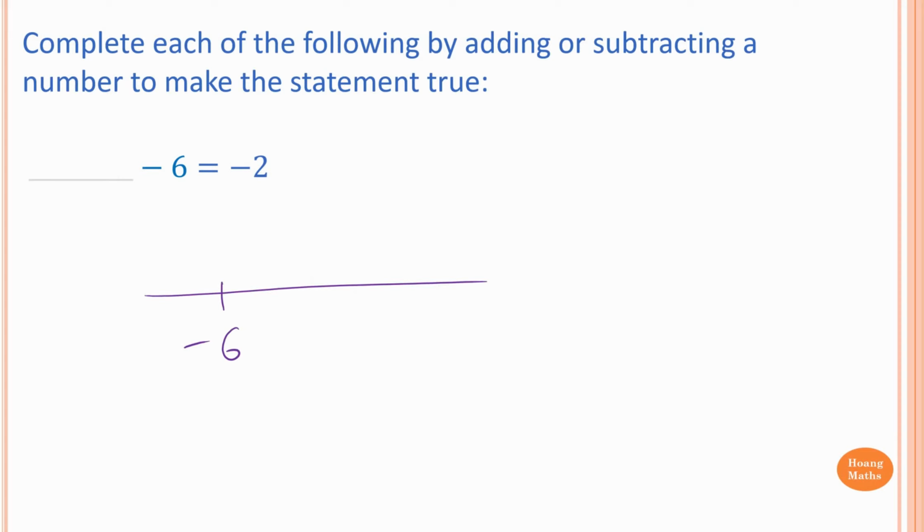So you start at -6, you move 1, which is -5, move 2 is -4, 3, so that gives me -3, and then one more, so it's -2. So 1, 2, 3, 4. So you move to the right 4 units, so that means positive 4. So 4 take away 6 is -2.